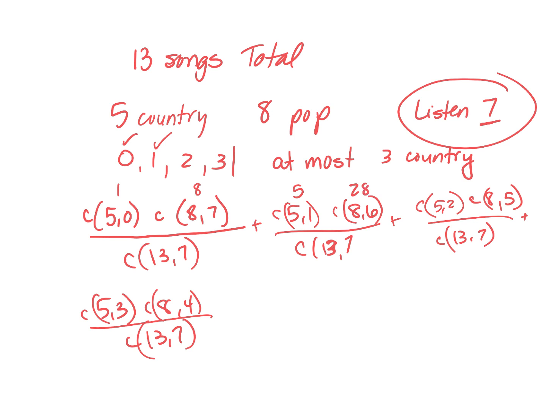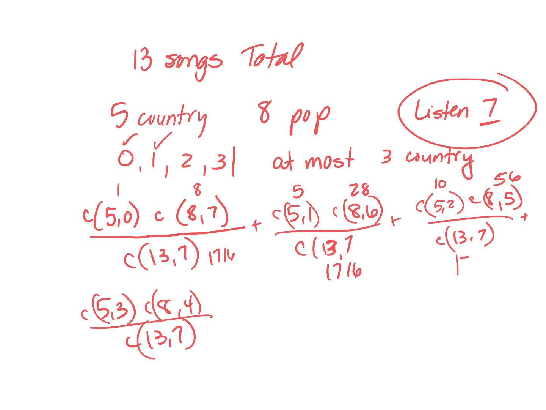And then 5, 2, just pull up one of the 5s and change the 1 to a 2, is 10. And then 8, hit second enter till you get an 8, 5, is 56. And then 13, 7 is 1716.